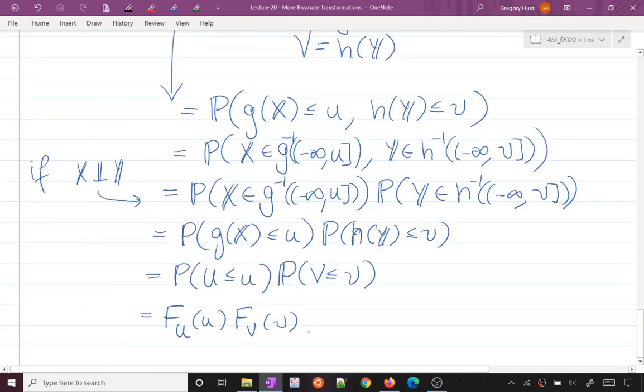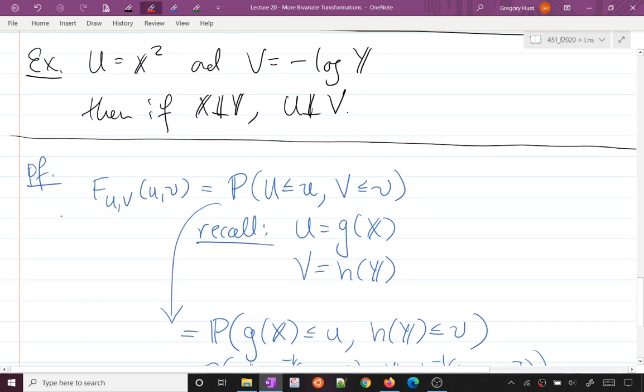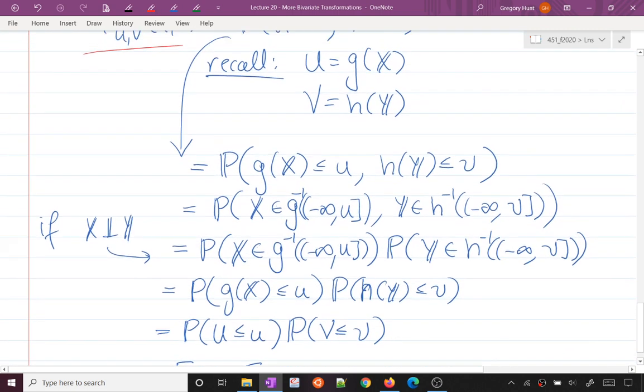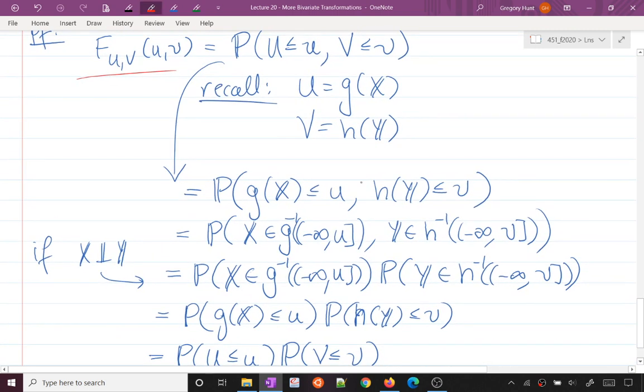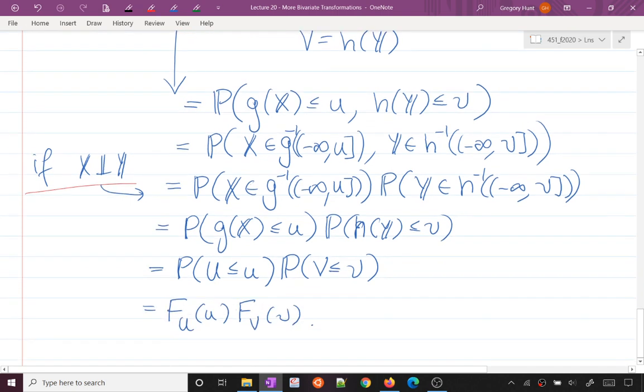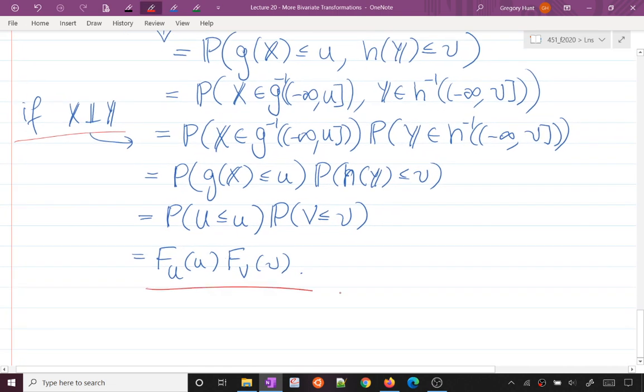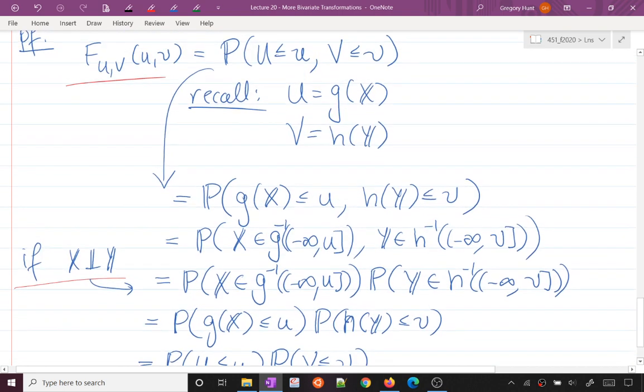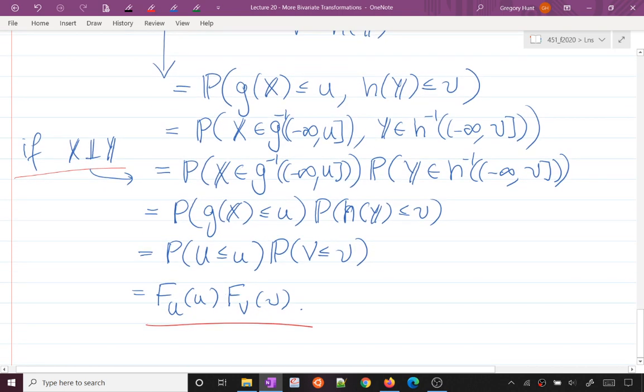So what have I shown here? I have shown that I can take my joint CDF of u and v, and through some definitional steps and then one use of the fact that x and y are independent of each other, write it in terms of x and y. Well, x and y are independent, so I can break them up and then rewrite it in terms of u and v, and I get to the point where this joint CDF of u and v is factored as the marginal CDF of u times the marginal CDF of v.